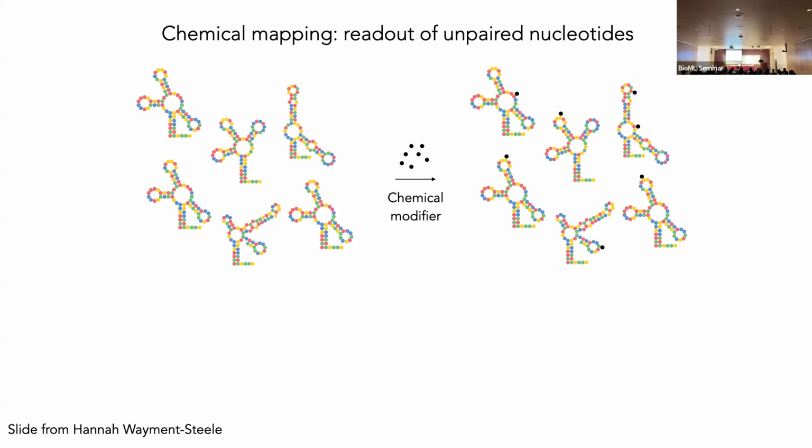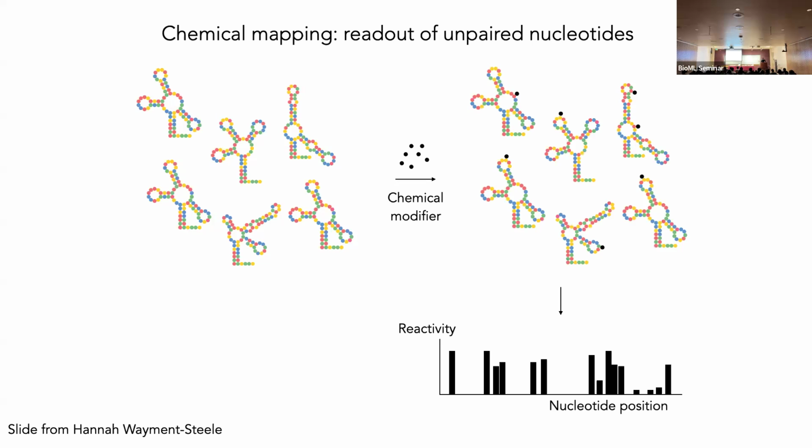Then there are a whole bunch of tricks that we and others have developed where you can read out where these marks are sitting on an RNA and put it onto a DNA sequencer. So from these experiments, you'll get a graph like the one on the bottom where at each nucleotide, you get a readout of how reactive that nucleotide was to the chemical. If it's reactive, it's probably in a loop. And if it's not reactive, if it's protected, it's in some kind of structure.